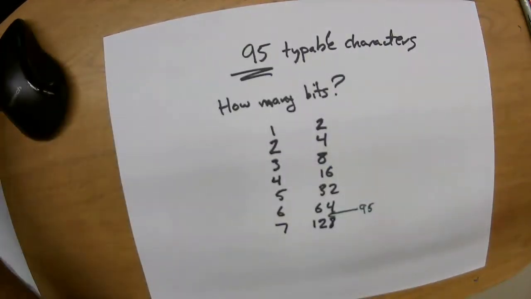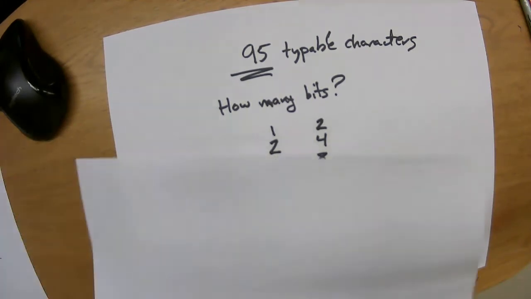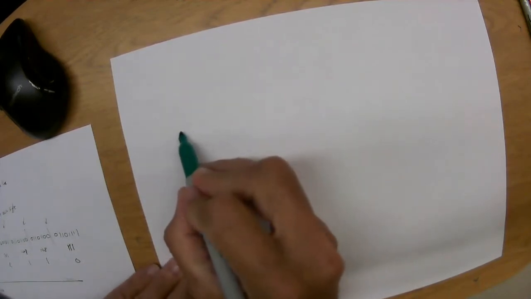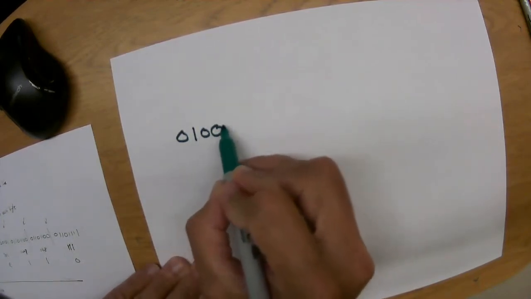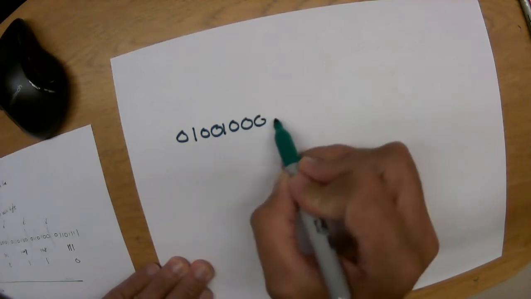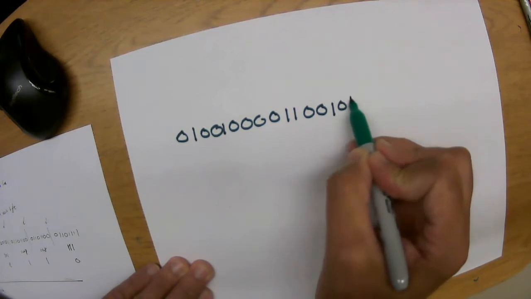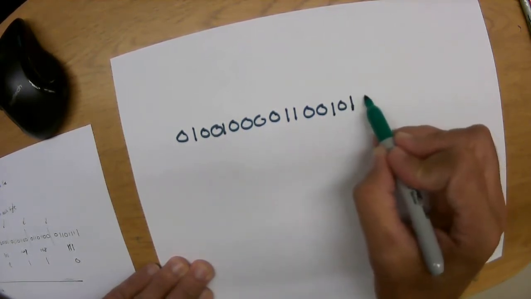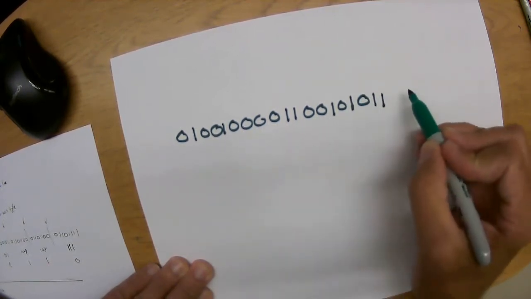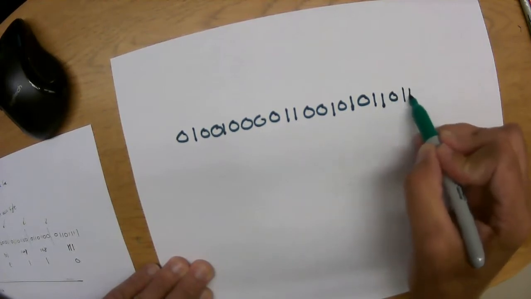All right, so what might a message look like? Suppose I had a message, and I wrote 0, 1, 0, 0, 1, 0, 0, 0, 0, 1, 1, 0, 0, 1, 0, 1, and 0, 1, 1, 0, 1, 1, 0, 0.